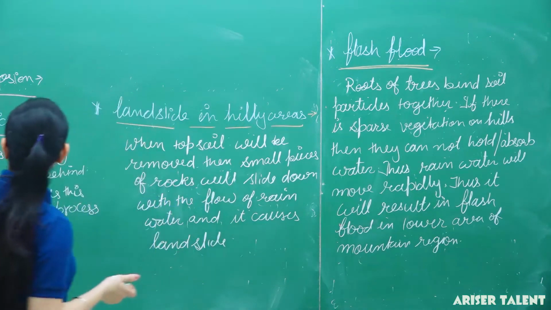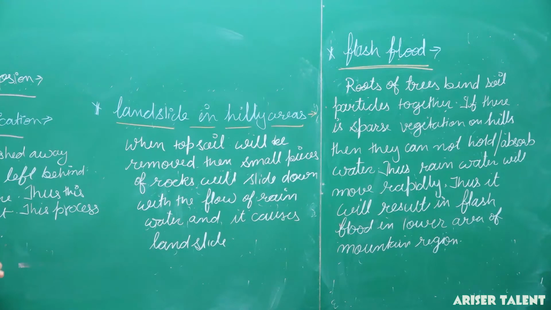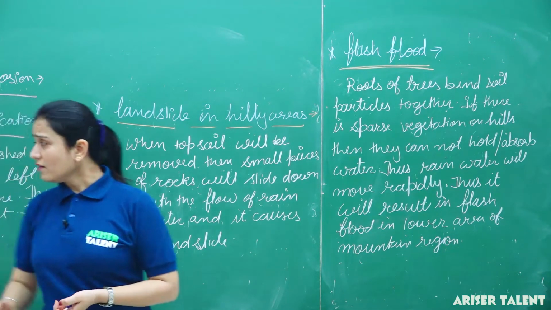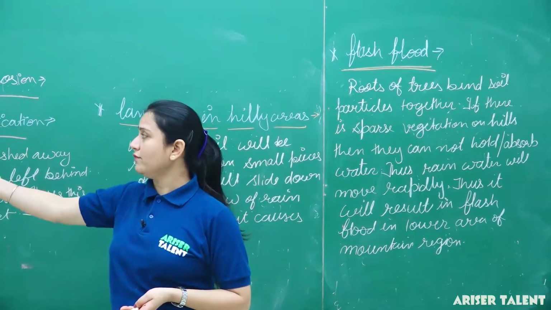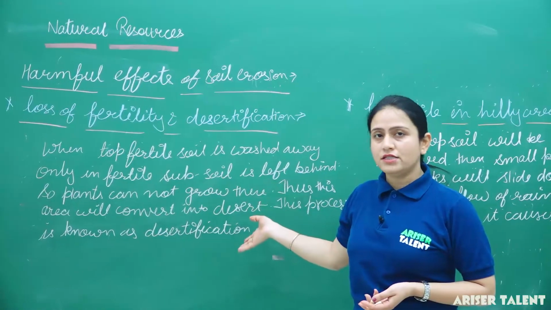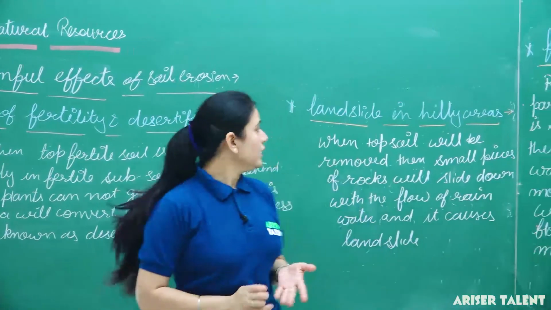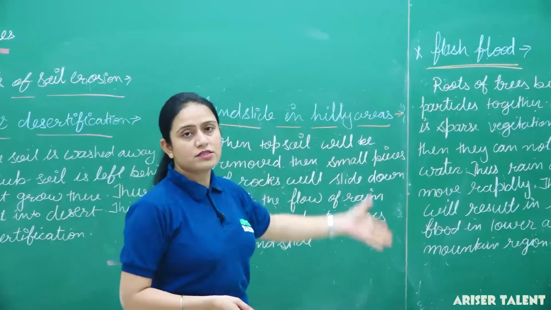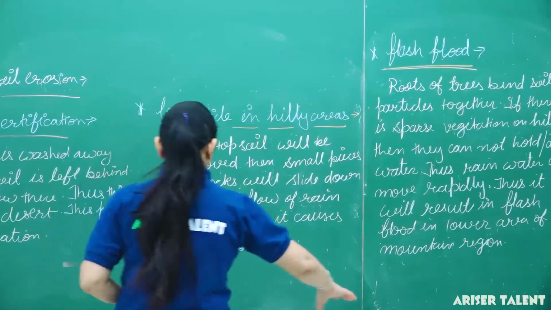So what are the harmful effects of soil erosion? Once the topsoil is washed away, the soil loses fertility and it causes desertification. Another is landslide in the hilly areas, and it also causes flash floods.